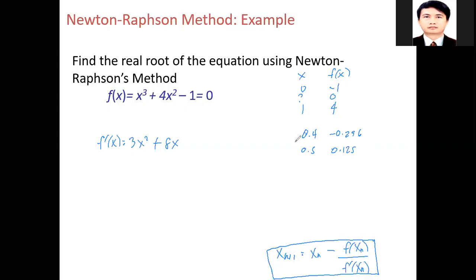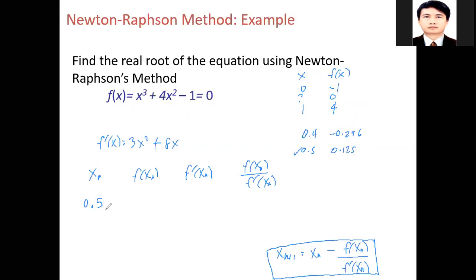That's why we can select this 0.5 as the initial guess for x. So we need to generate here a table. So the initial guess of x would be 0.5.